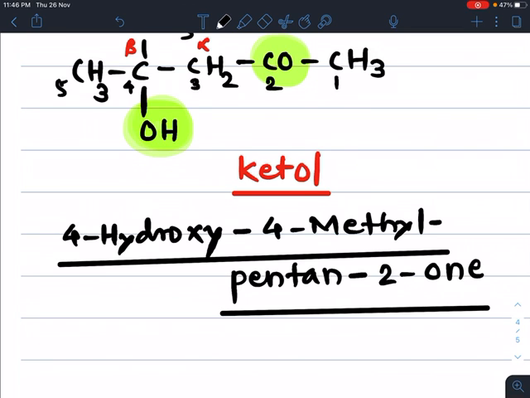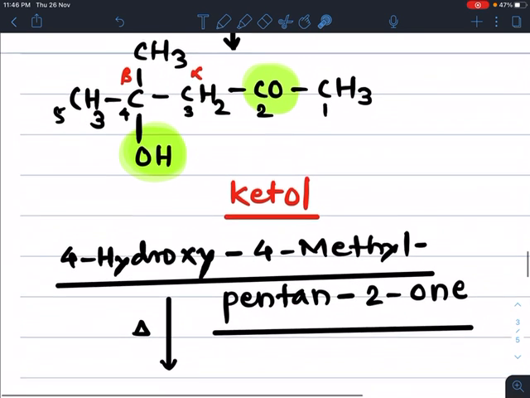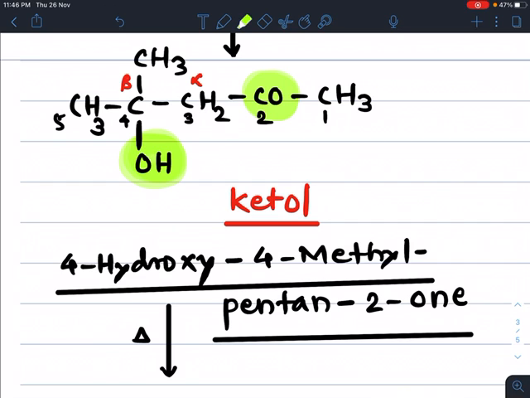Now when it undergoes elimination reaction after heating, alpha beta elimination takes place. From the alpha carbon atom a hydrogen is removed, and from the beta carbon OH is removed.